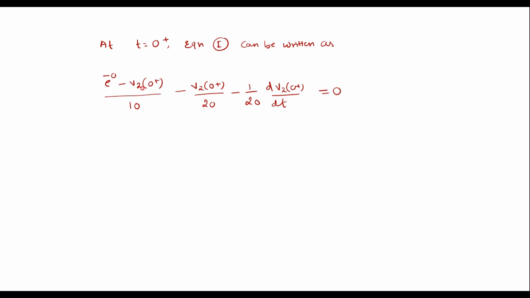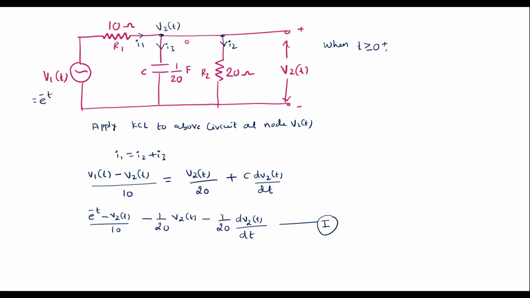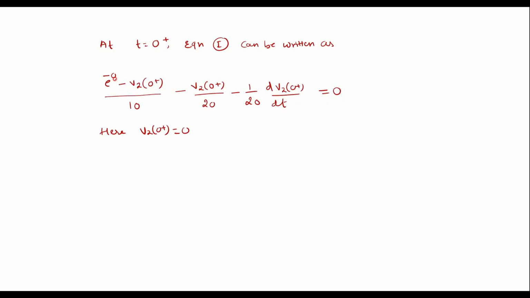Here V2 of 0 plus is equal to 0, because initially the capacitor is uncharged. The capacitor voltage itself is V2 of 0 plus, which is 0. So therefore, e power minus 0 is 1, minus V2 of 0 plus, which is 0, divided by 10, minus V2 of 0 plus, this term is 0, minus 1 by 20 d by dt V2 of 0 plus is equal to 0.